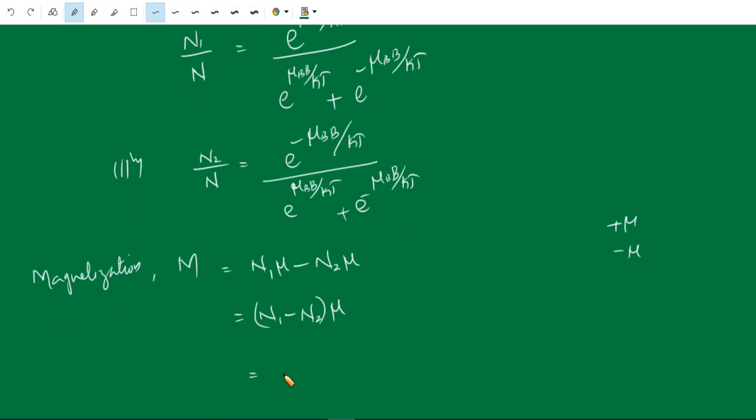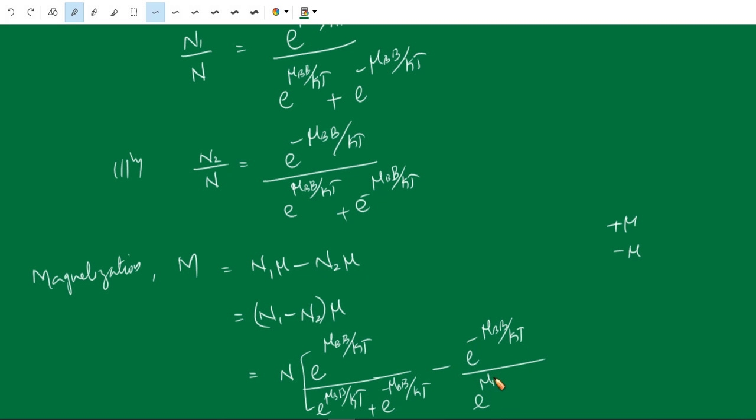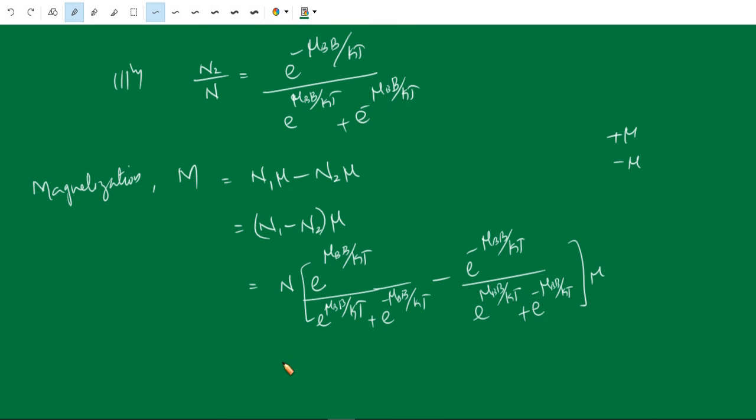From the above expression, into mu. Okay, therefore you can write this as N times mu into (e raised to x minus e raised to minus x) divided by (e raised to x plus e raised to minus x).